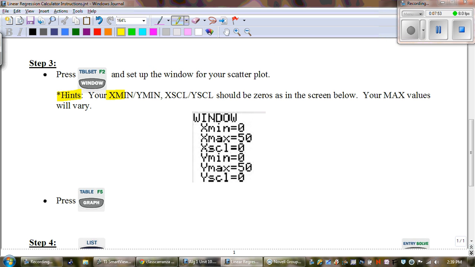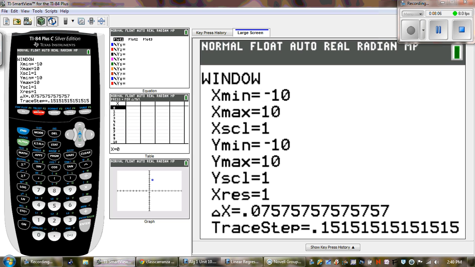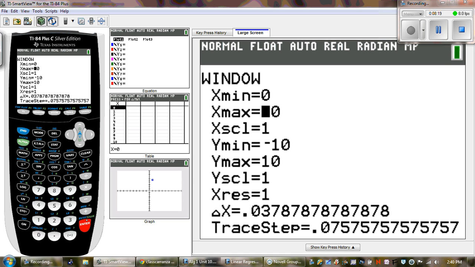Hint: your x-min and y-min should be zeros in the screen, and your max values will vary. So I'm going to hit the window button. If you can see where it's highlighted, it's on the very top row, second one. It says that my x-min should be 0. Mine was something different, so I'm going to hit 0. Now my x max.